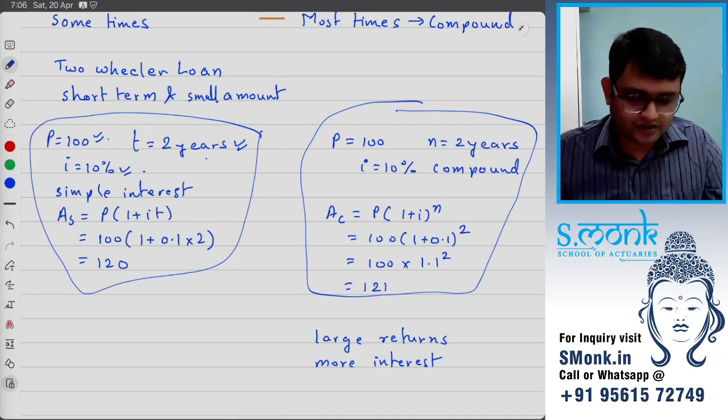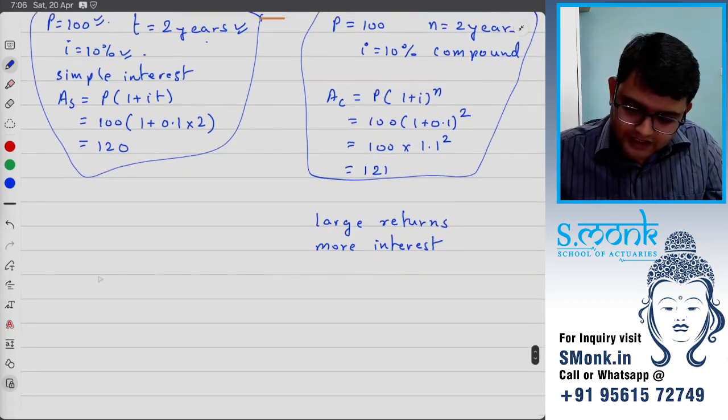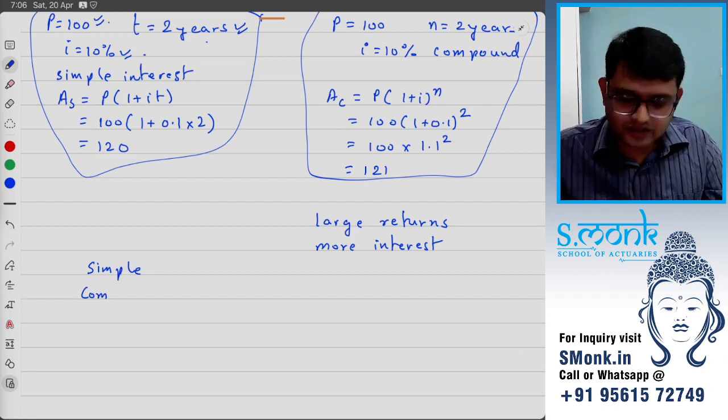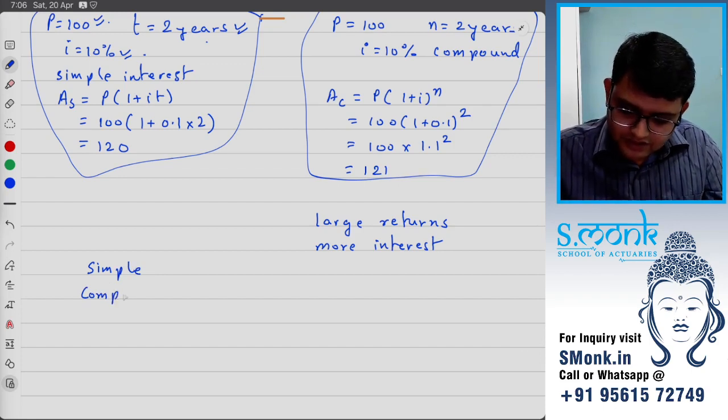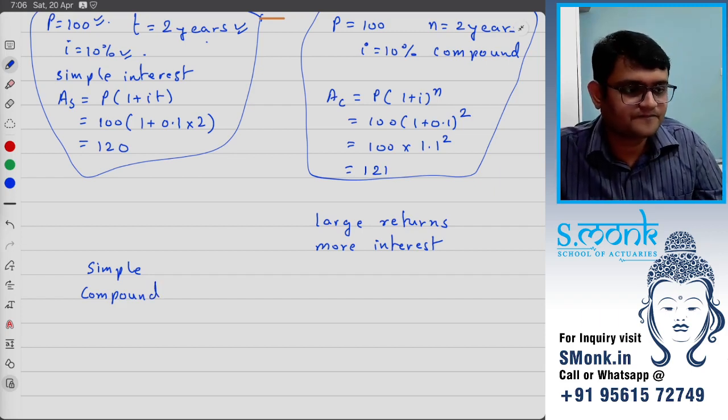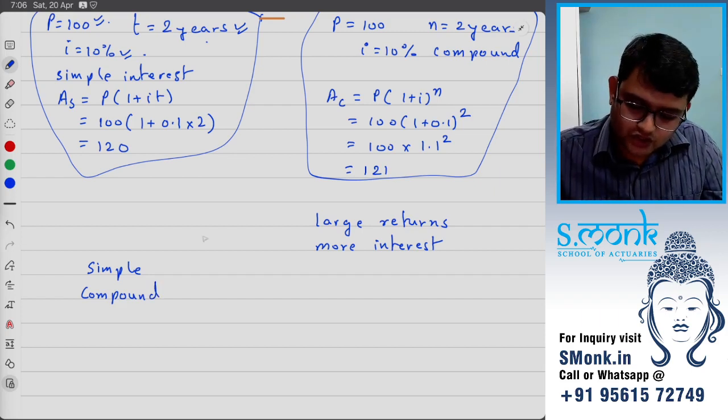Which one would you prefer? Would you prefer simple interest or compound interest? You can write S or C in comments. Okay, again, you are giving me a loan of 100 crore rupees.